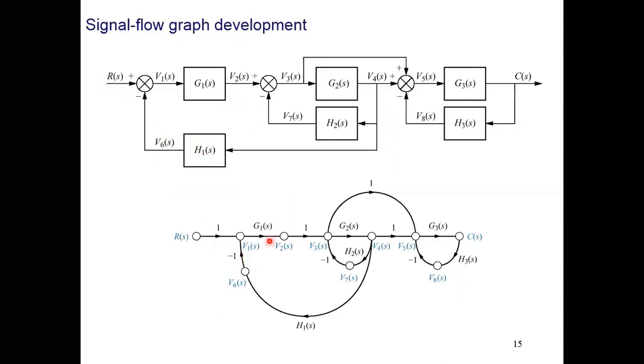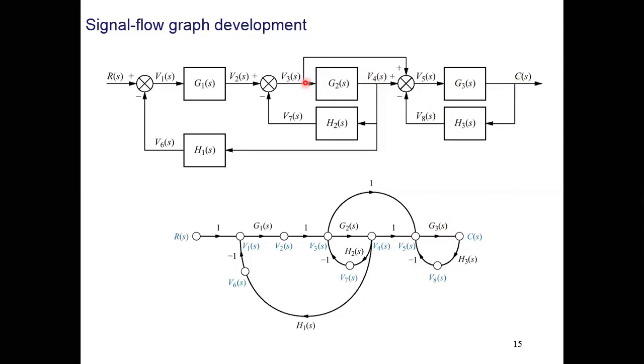G1 of S, again 1 for the positive sign, then G2 of S for this branch, +1 from V4 to V5. From V5 to output C of S, we have branch G3 of S. From output C of S to feedback V8, we have feedback function H3 of S, and for the sign we will use -1, negative feedback.